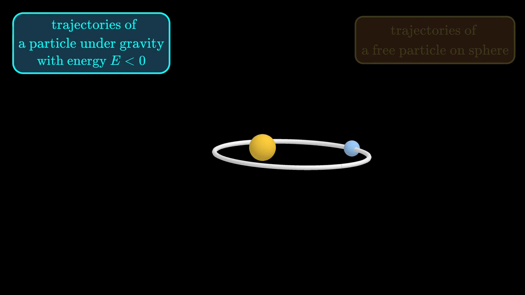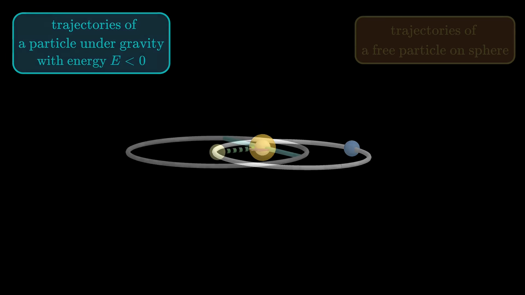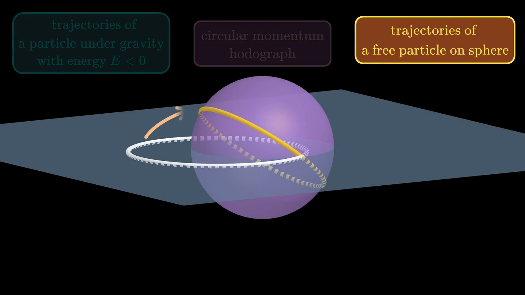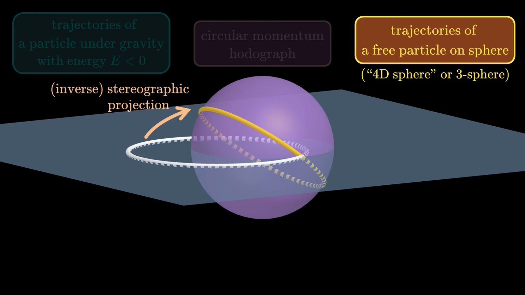So, any trajectory of a particle under Newtonian gravity with some negative energy E can be mapped to some circular hodograph with the property that a certain line segment has length square root of minus 2mE. This can then be mapped to trajectories of a free particle on a sphere via stereographic projection. Again, this should be understood as the 4D sphere, or the 3-sphere.